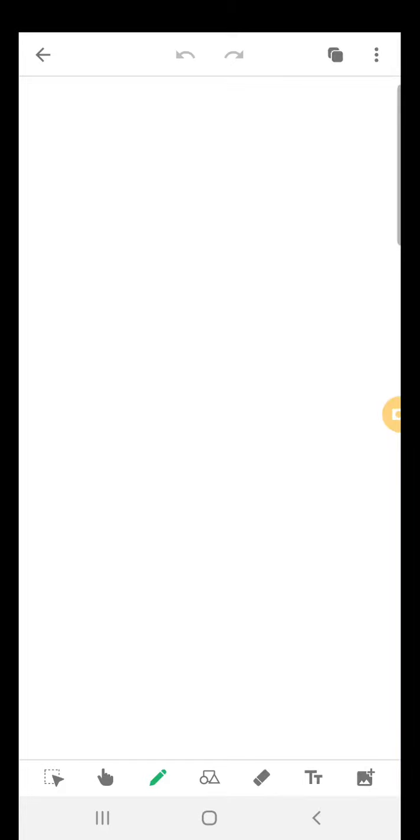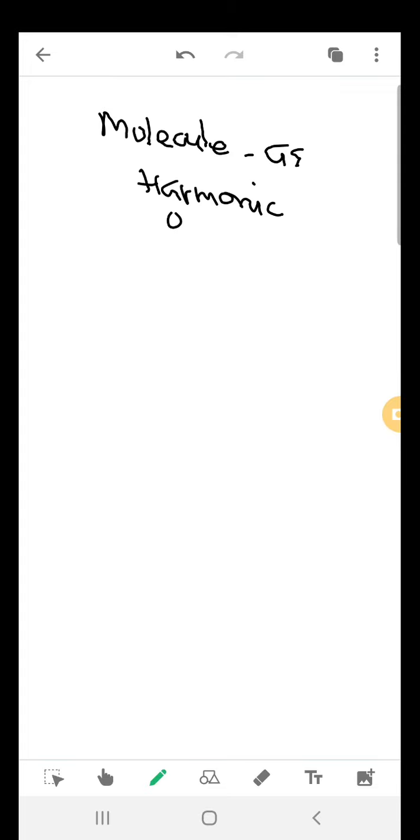Now, consider a molecule which can be considered as a harmonic oscillator.